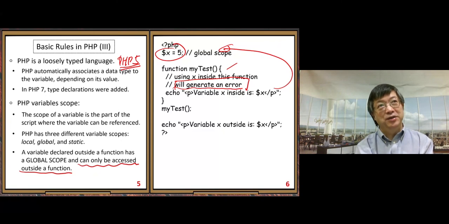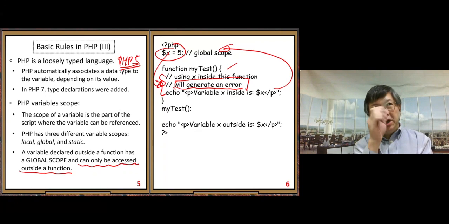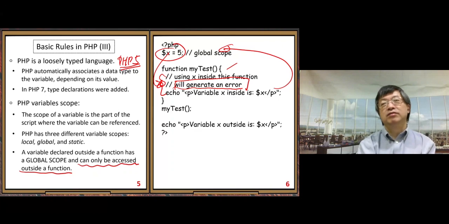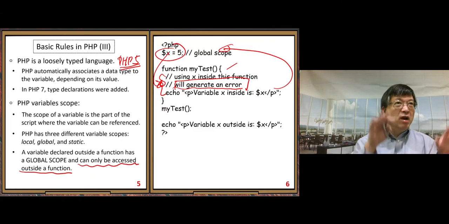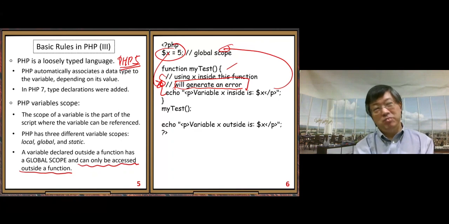So you're still allowed to use a global variable. Later you will see PHP provides a way to allow you to use a global variable inside a function. You just need to do some declaration, then you can use it. It is not completely eliminated, just made harder to use in PHP.